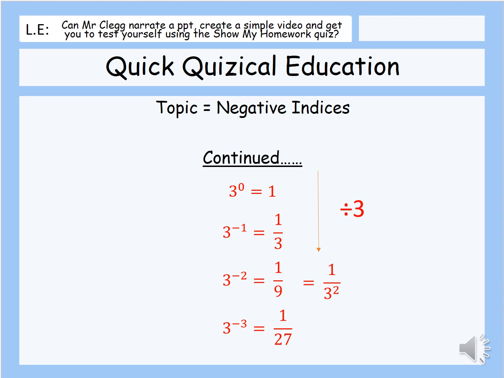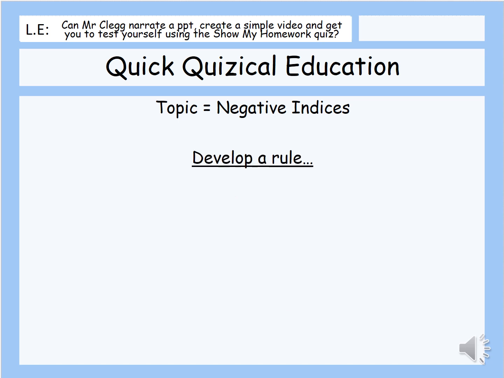Effectively, when I have 3 to the minus 2, I've got 1 over 9, which if you return back to the other slides, is 1 over 3 squared. 1 over 27 is actually the same as having 1 over 3 to the power of 3, which is really interesting. So if we want to develop a rule in general, let's have a quick look.